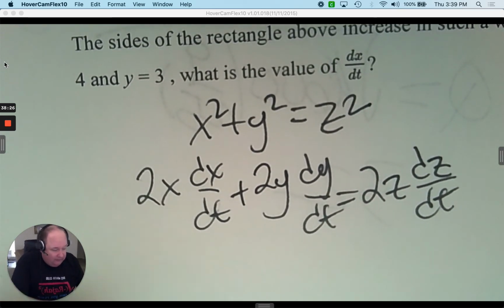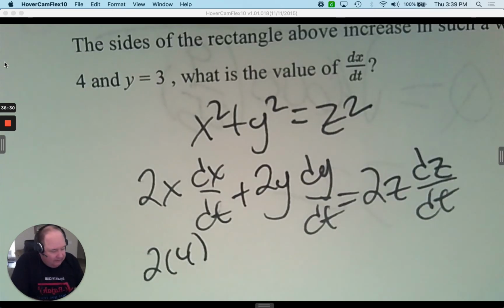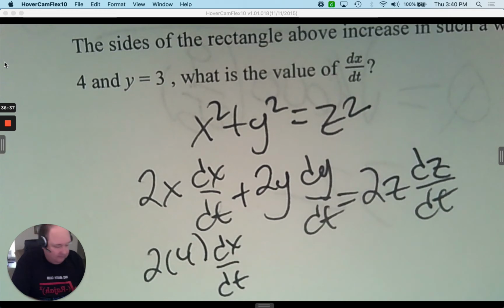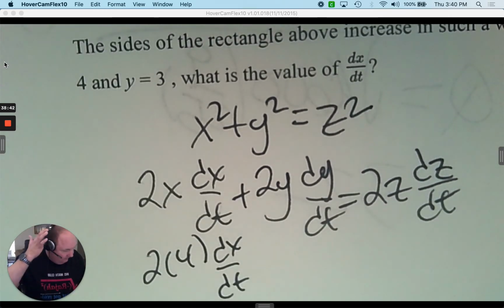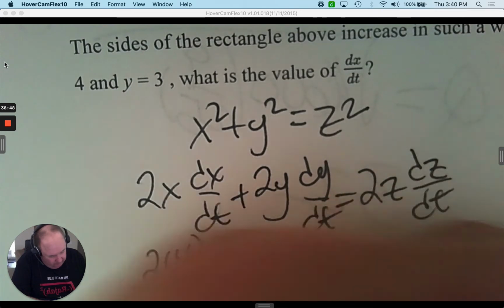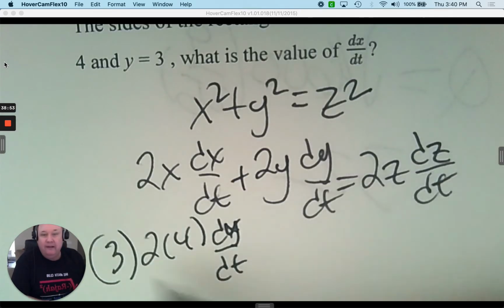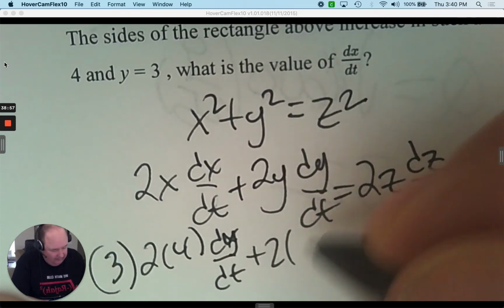So it says x is 4 again. dx by dt is, I don't know. Oh, it's 3 dy by dt. So we'll take it out and put in 3 dy by dt. Y is 3.